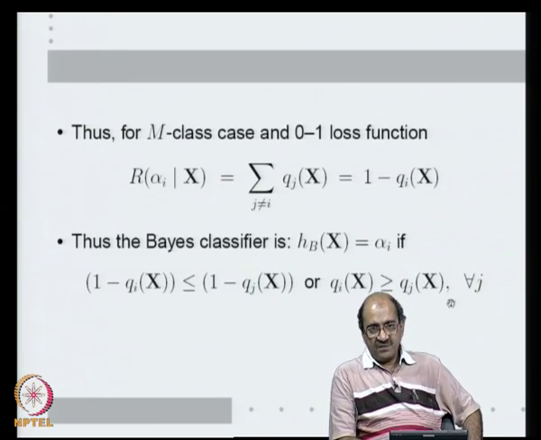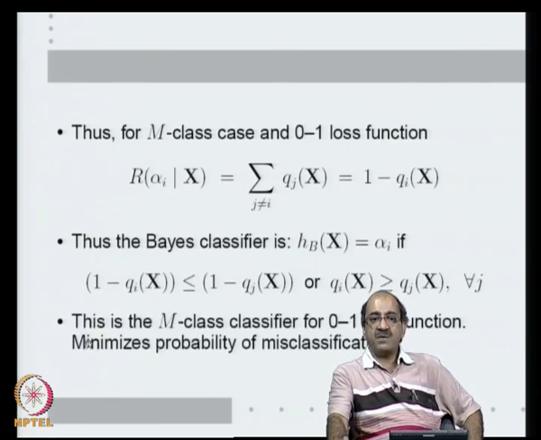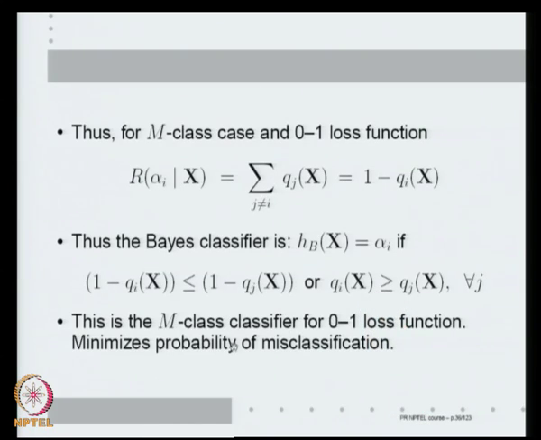As I mentioned in the first lecture, this is the most obvious thing to do. Given x, if I can calculate the probability that x comes from class 1, class 2, class 3 and so on, then whichever probability is higher, I should put x there. So, our intuition is correct and that happens to be the optimal Bayes classifier. This is the m class classifier for the 0-1 loss function, which minimizes the probability of misclassification.